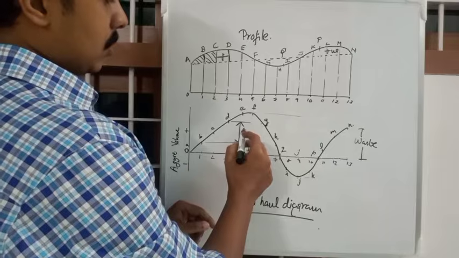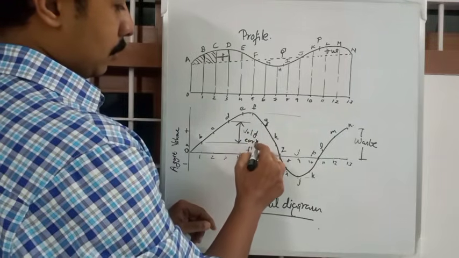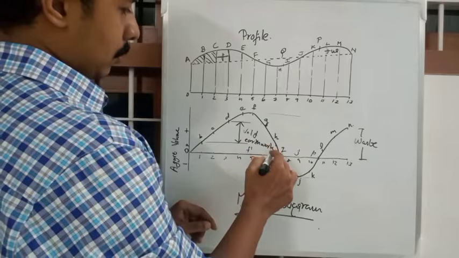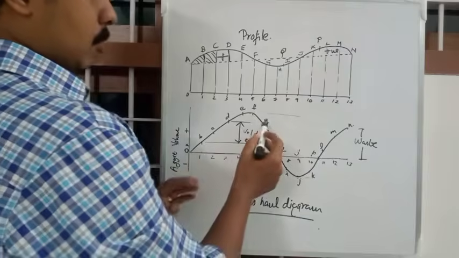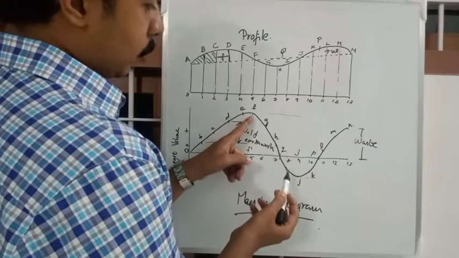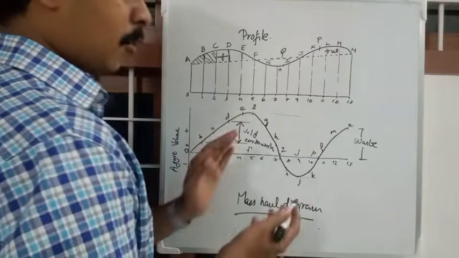This is the volume of earthwork that happened. For example, as we took in the last one, from F to J, the vertical distance was the volume of filling.